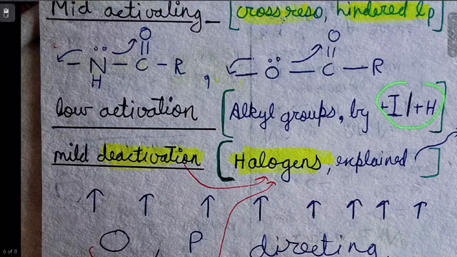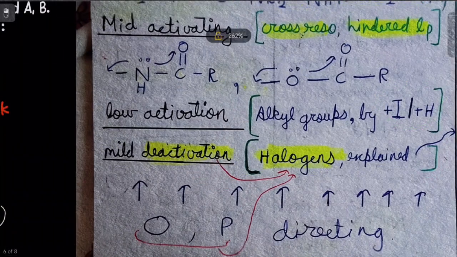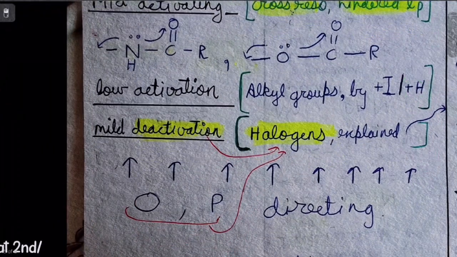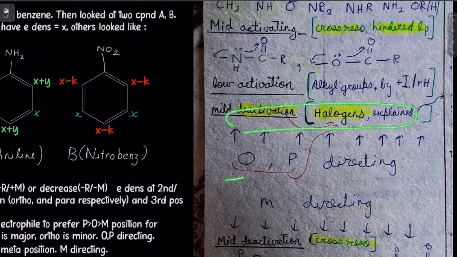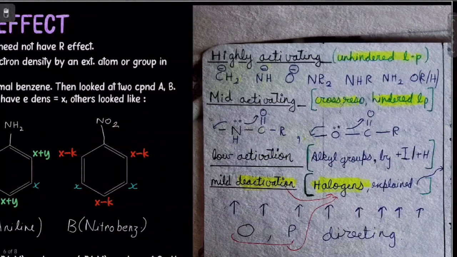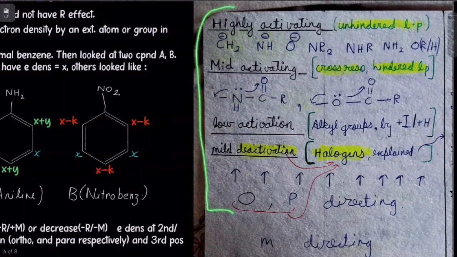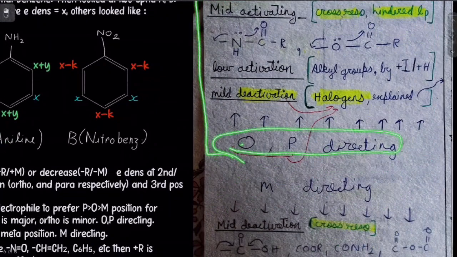So they do it by plus I or plus H. Okay. We'll understand what H is. And halogens have a mildly deactivating effect, as I told you here. And see, as I told you, the halogens are ortho and para-directing. So everything here, highly activating, mildly activating, low activating, and mild deactivating, all of them are ortho and para-directing.